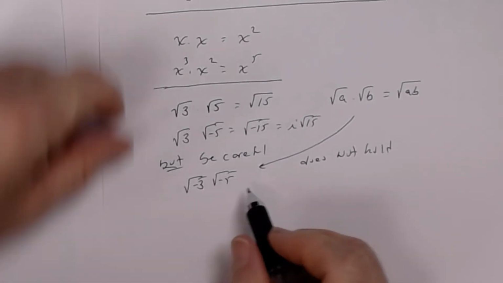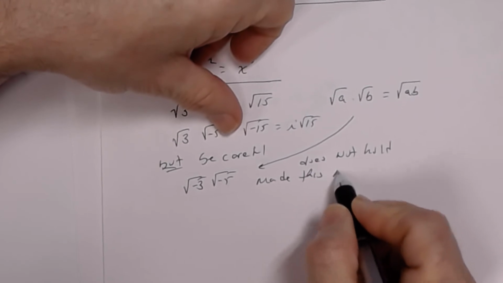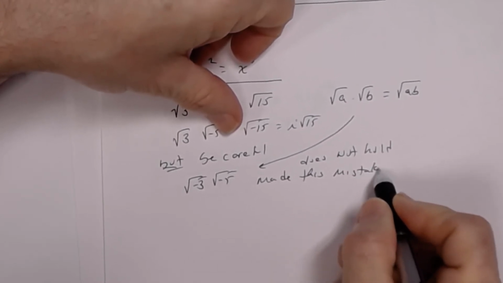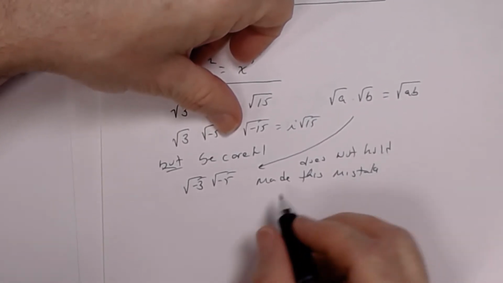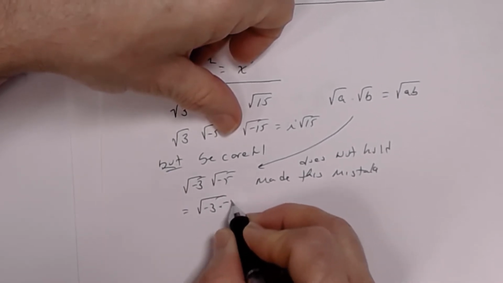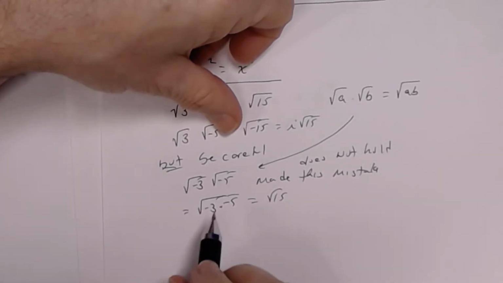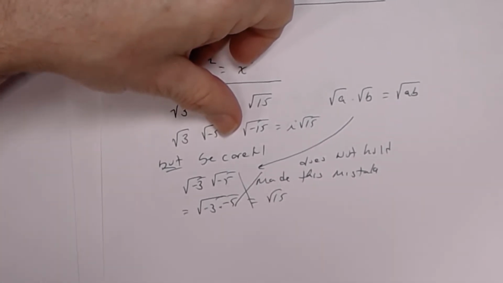Because watch, if you make this mistake and overgeneralize this property, you would say, hey, that's going to be the square root of a negative 3 times the square root of a negative 5, and so that's the square root of 15, right? That's not true. That is not true.